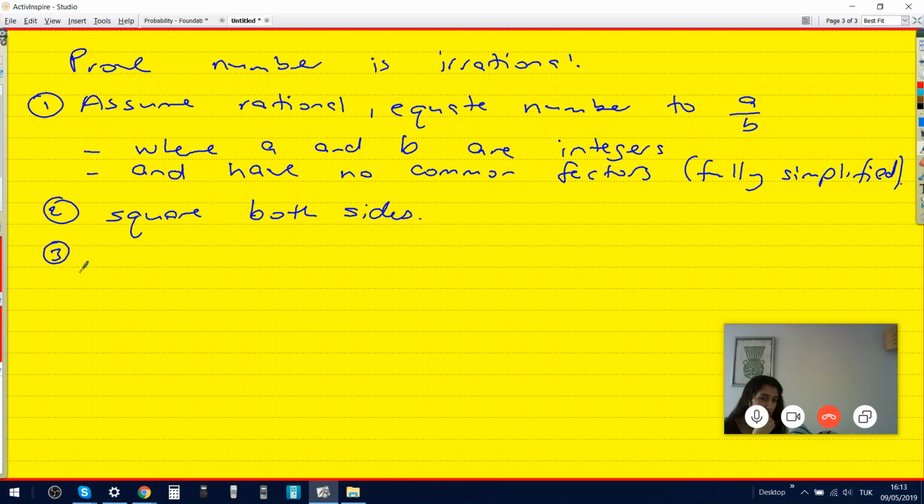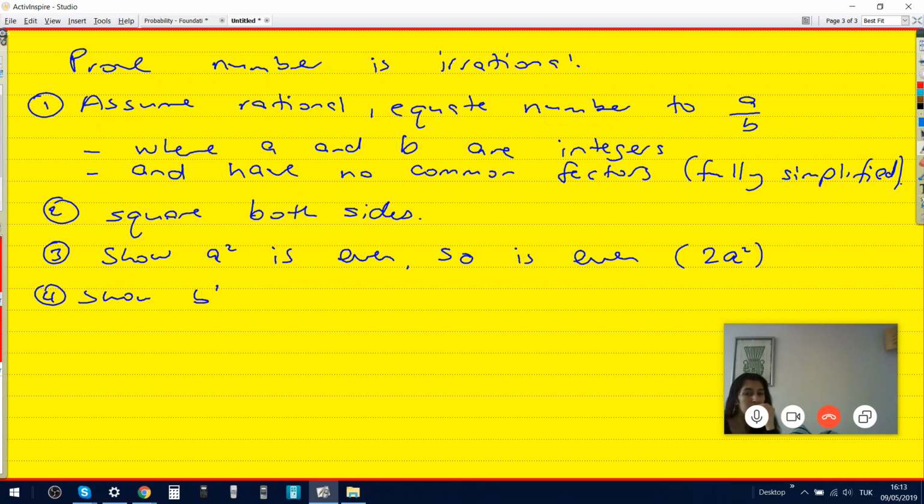Make it like 2 times something. Show a squared is even, so a is even. And you do that by having it in the form of 2 times something squared. Let's say sub 2n for a.